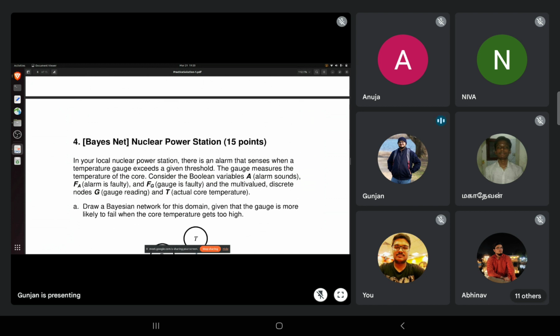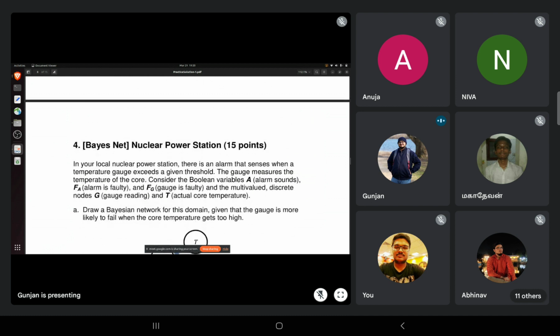So can you design a Bayes net for this setting? First of all, let me ask you this: what do you know in the current setting? Which variable is dependent on what variable? Can you make a guess?